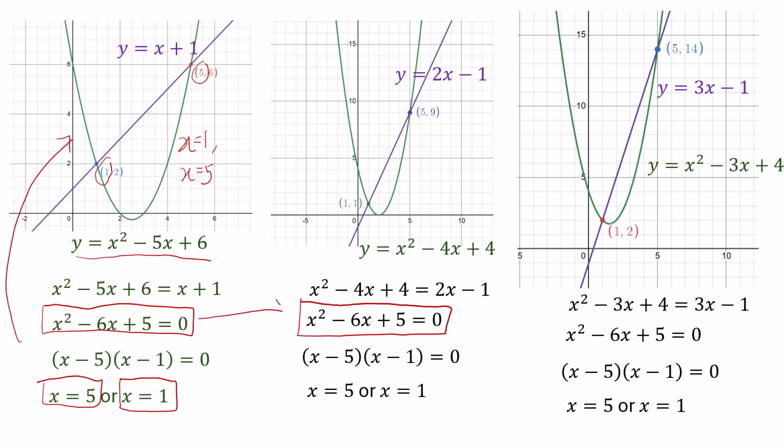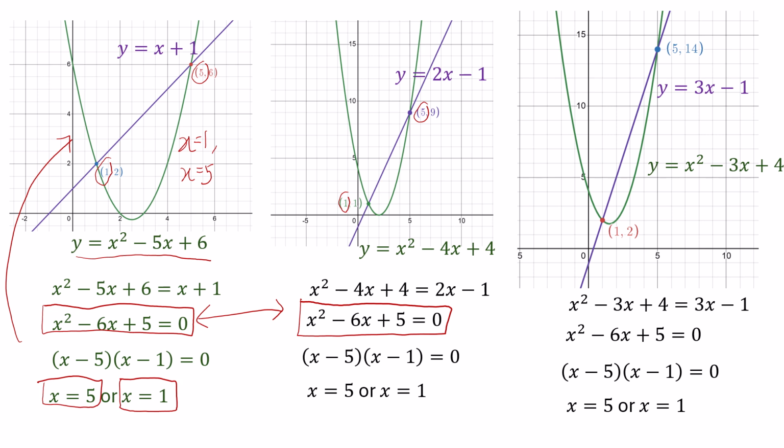Yes, you actually end up getting the same quadratic equation that we got on the left. And the solutions are the same, x equals 5 or x equals 1. Of course, the y coordinates will not be the same because we're talking about different curves and different lines.